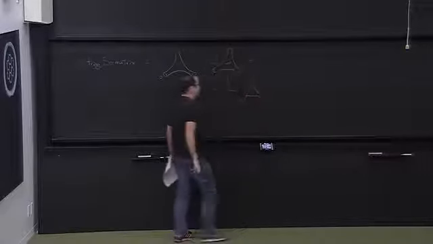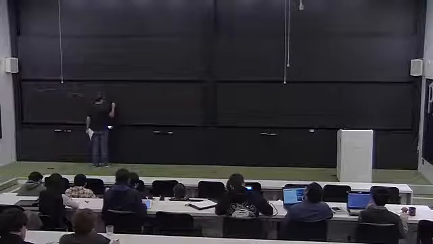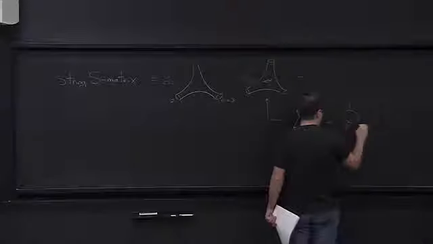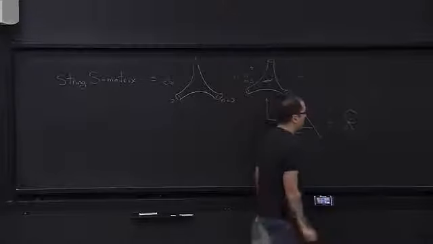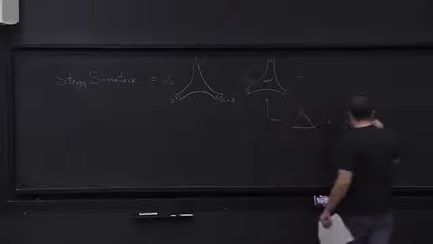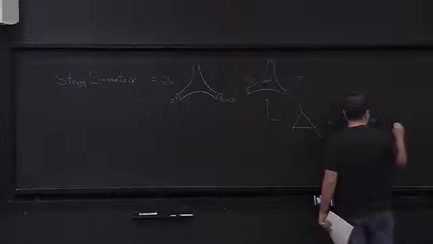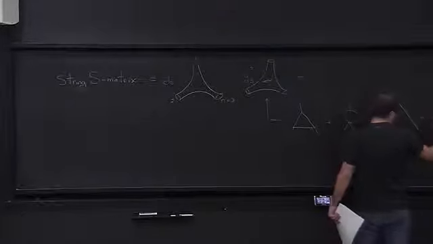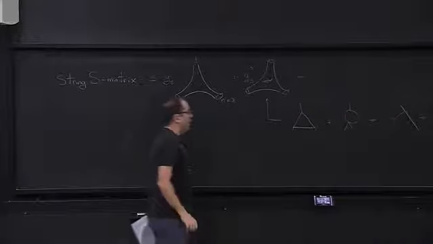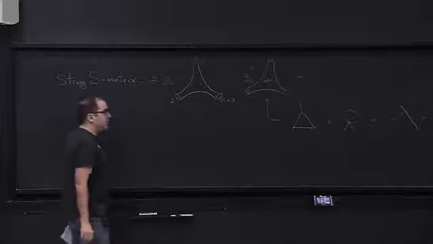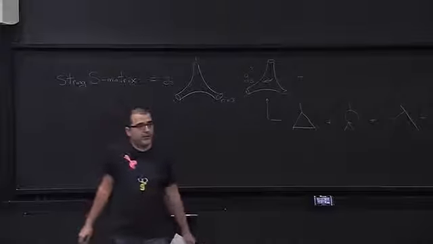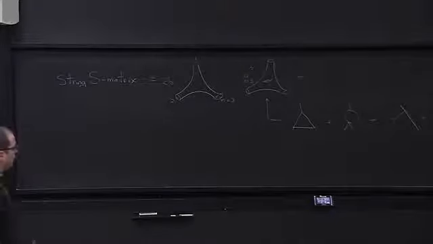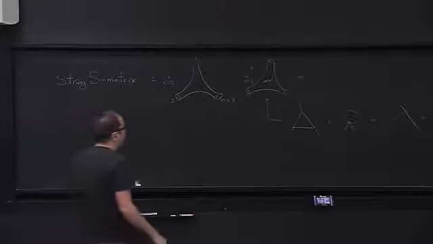Well, but there are other diagrams for 3 particles with a loop as well. For example, we could have this diagram, right? Or this diagram. And one of the beautiful things about string theory is that if you imagine taking these field theory diagrams where you have a point particle and fatten each particle into a tube, then all these diagrams have the same topology.